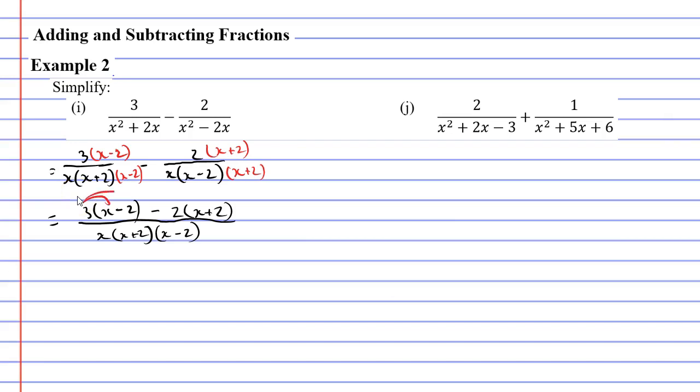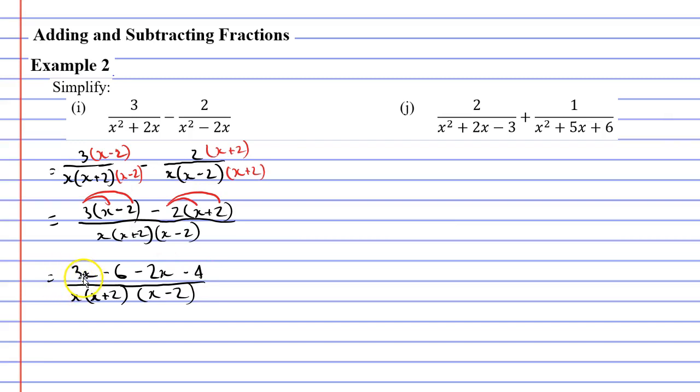We're going to multiply 3 by x and then by minus 2. 3 times x is 3x, and 3 times minus 2 gives me minus 6. Next, I'm going to go minus 2 times x and minus 2 times plus 2. So minus 2 times x is minus 2x, and minus 2 times plus 2 gives me minus 4. And the denominator remains the same, x, x plus 2, x minus 2.